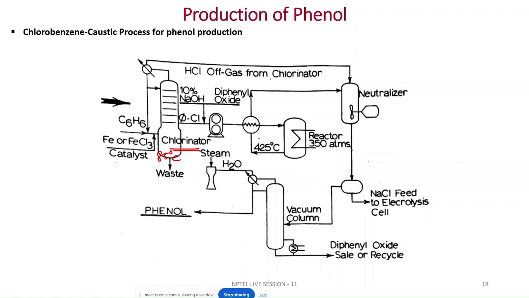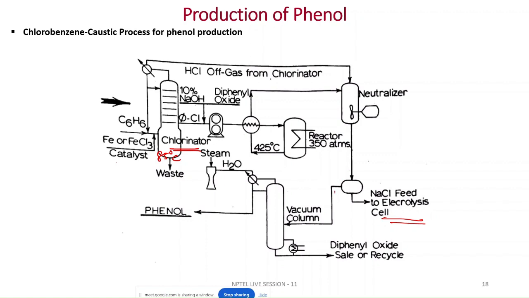From the reactor, it is taken to the neutralizer, where some of the HCl off-gas is neutralized, and then NaCl is separated out, which can be fed to the electrolysis cell.